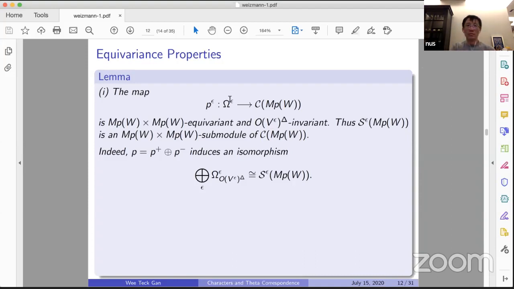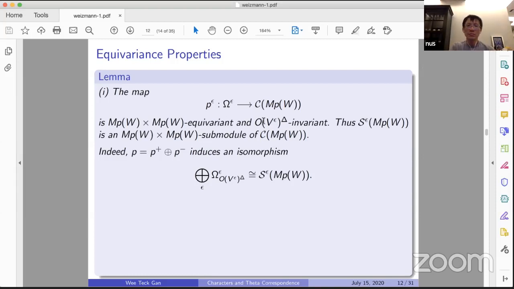Just to recall, this capital omega is the tensor product of the wave representation little omega with its complex conjugate, and each of those little omega is a module for MPW cross OV. Since you have two of them, you have two copies of MPW acting and two copies of OV acting.